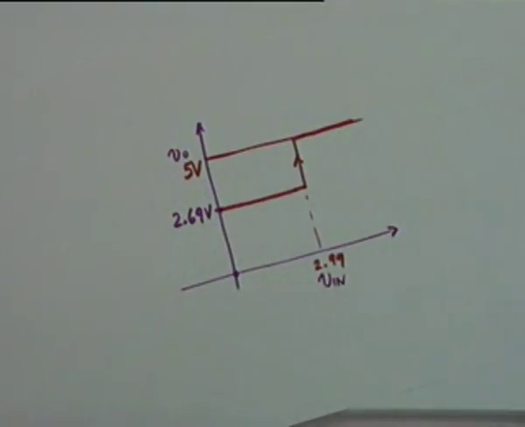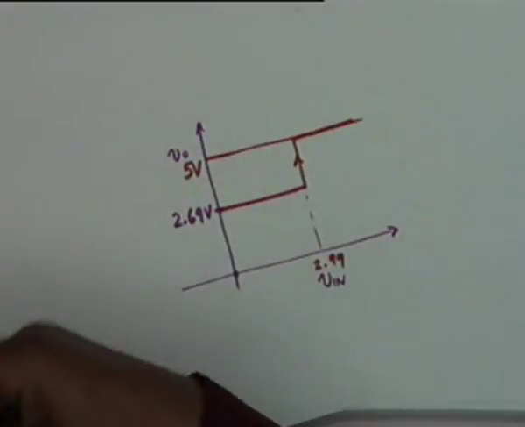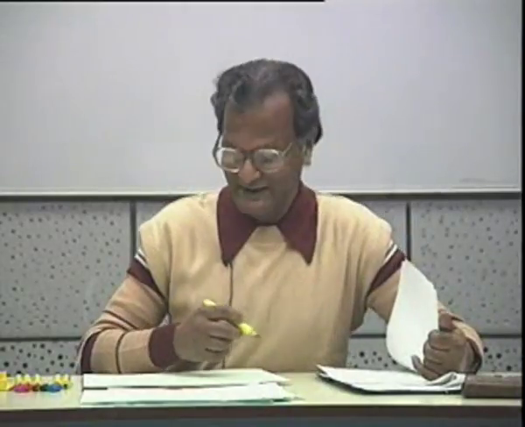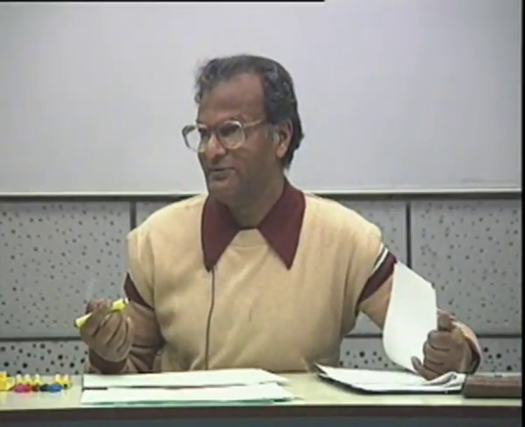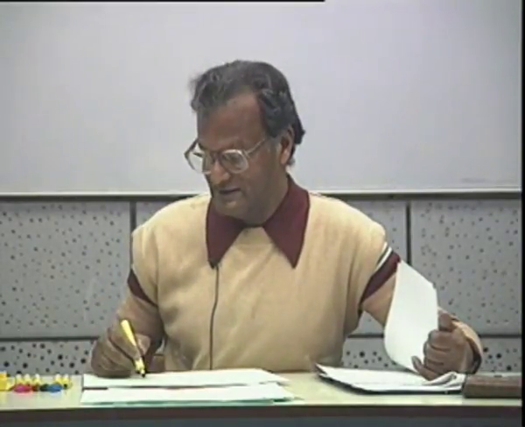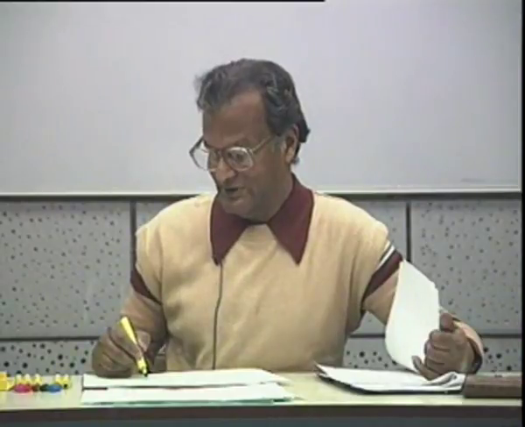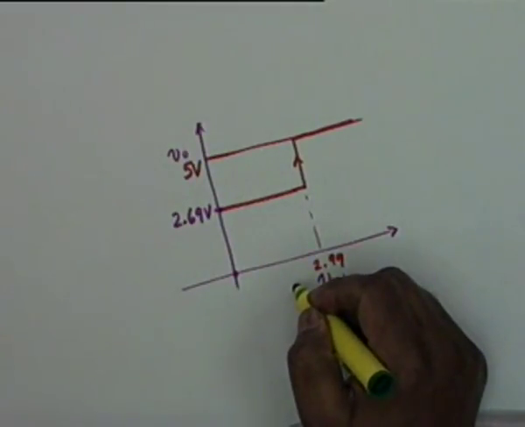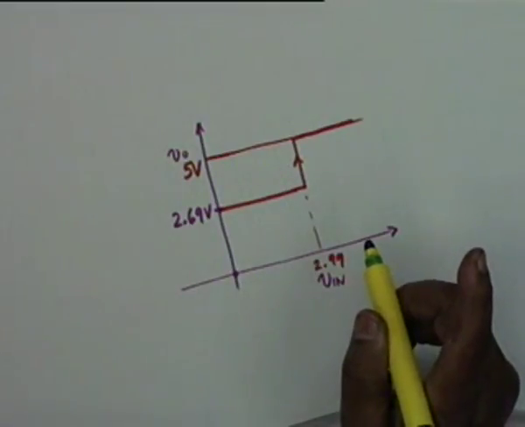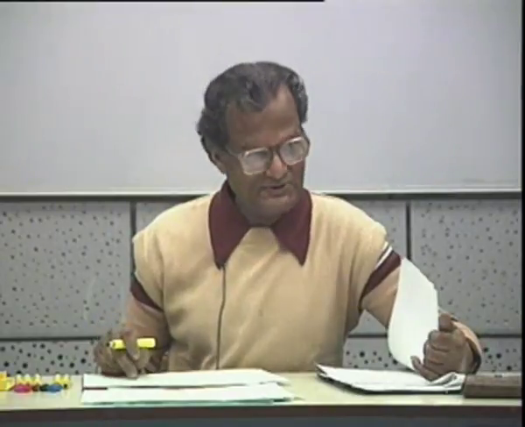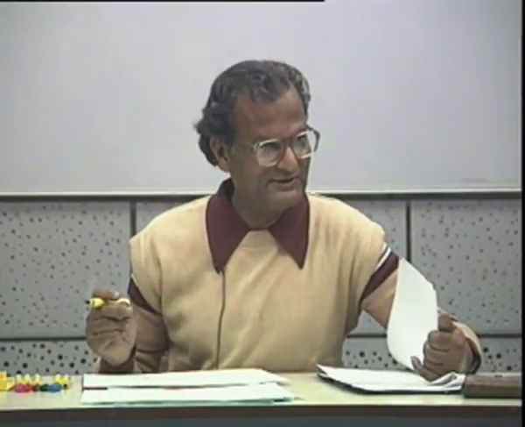Now suppose you want to go back to the original state. That is, if you want to go back to the original state, then what do you have to do? You have to decrease V in till Q1 comes to which region? It was saturated, so first it would come to the active region.